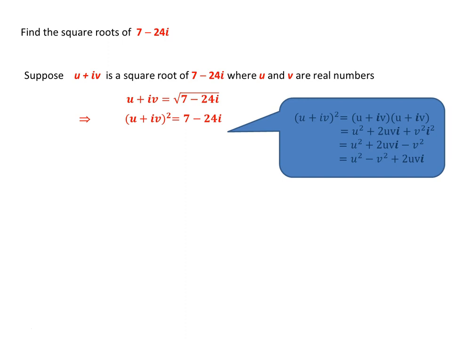Remember that i squared is minus 1, so that simplifies to u squared plus 2uvi minus v squared. Collecting the two real terms, we've got u squared minus v squared plus 2uv times i. So we can rewrite our equation as u squared minus v squared plus 2uvi equals 7 minus 24i.